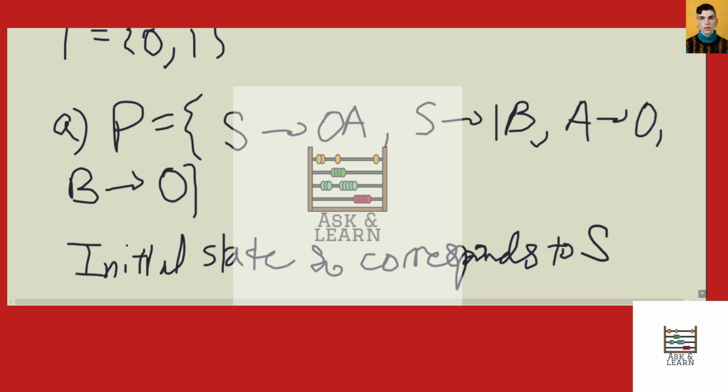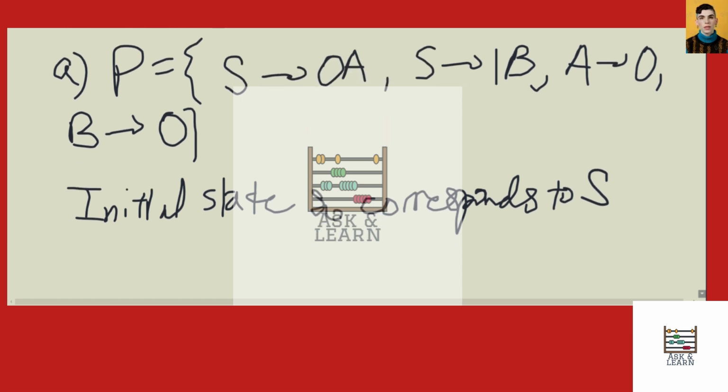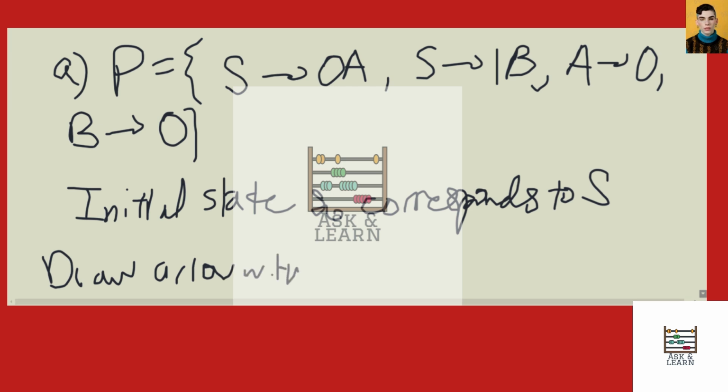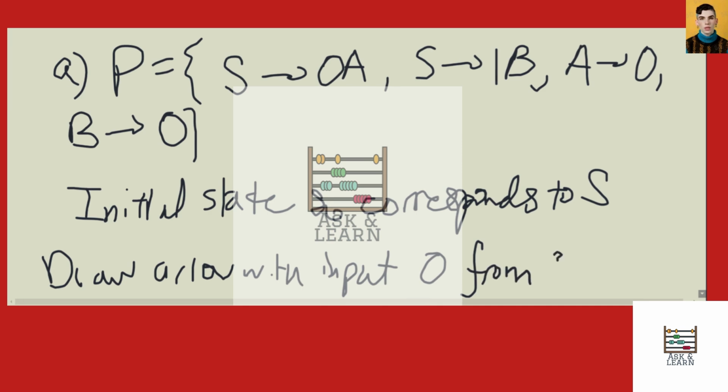and then next we'll draw an arrow with input 0 from S0 to the state SA, where SA is the state which corresponds to A, and this represents the production S can be replaced by 0A.